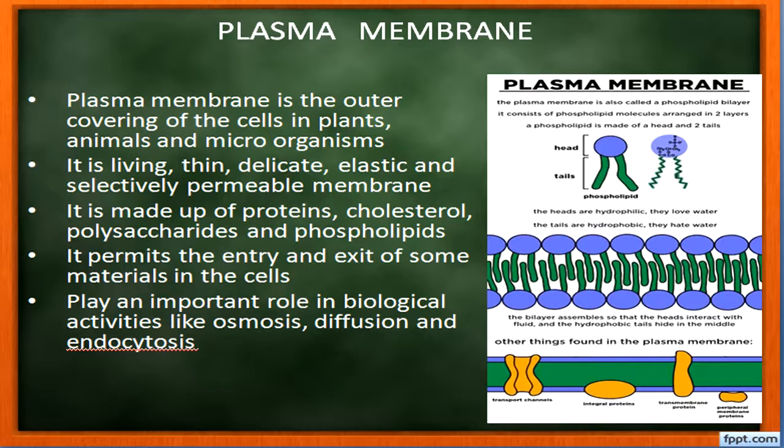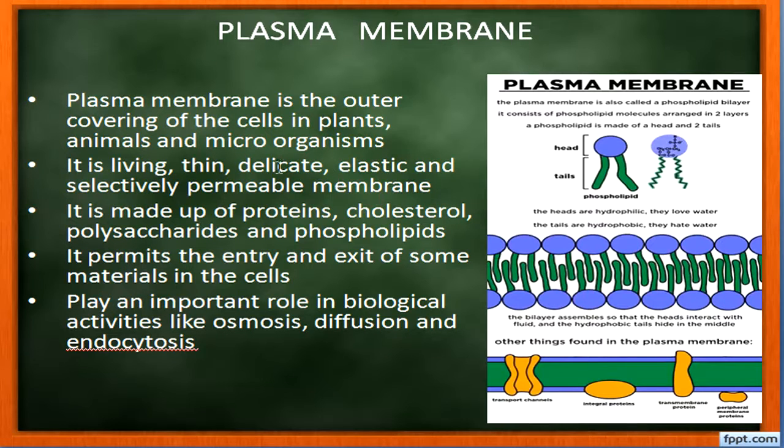So first, the plasma membrane is made up of lipids and proteins. Actually it is called the phospholipid bilayer, so it is seen as two layers together. See, bilayer, one layer here, another layer here. If you take the plasma membrane units, you can see one head and two tail structures present.